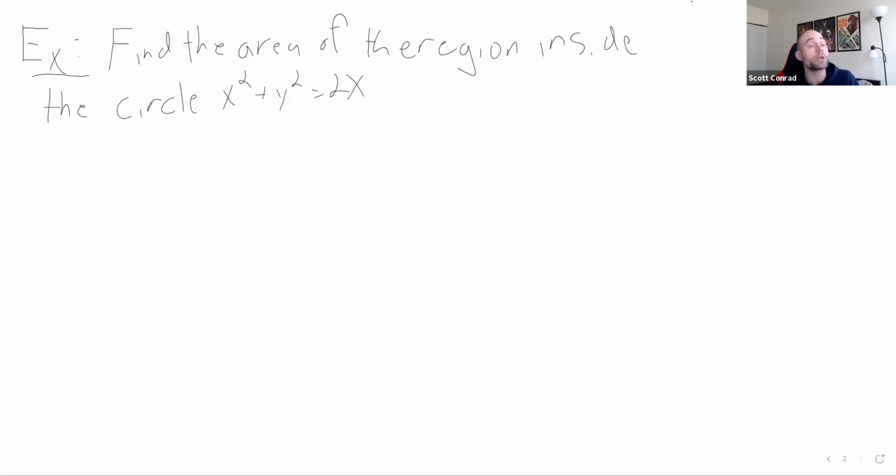That's going to look a little weird. That is indeed a circle, as we'll see, but there's a reason I'm writing it like that. And outside the circle x squared plus y squared equals 1.